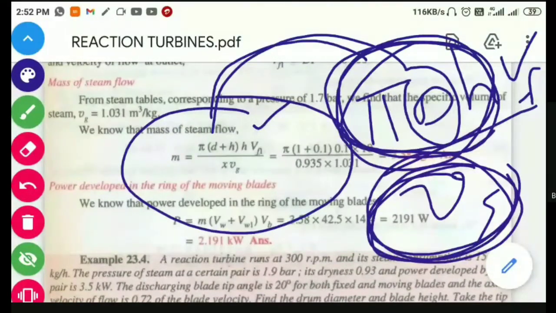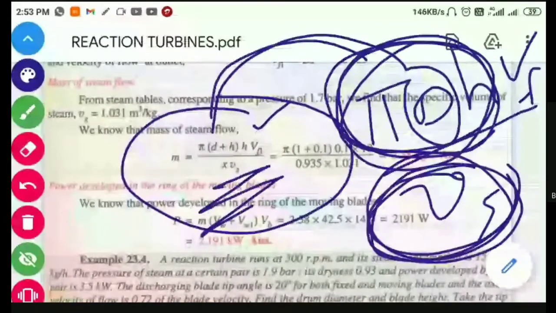Here the steam is wet steam, because the quality is given as less than 1, along with the corresponding pressure.